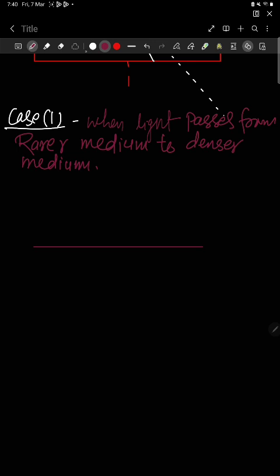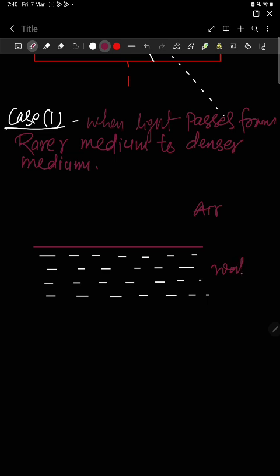Let's take an example. Suppose there are two media, one side there is water and one side there is air. So this side air and here it is water.